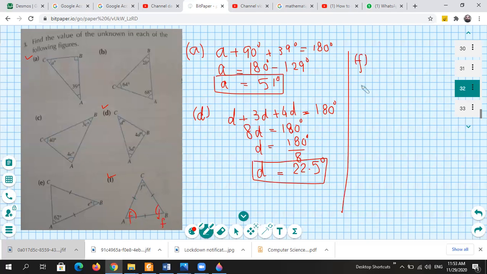So we can add them. F plus F plus F equals 180 degrees. So 3F equals 180 degrees, or F is equal to, dividing both sides by 3, 180 over 3. So F equals 60 degrees.